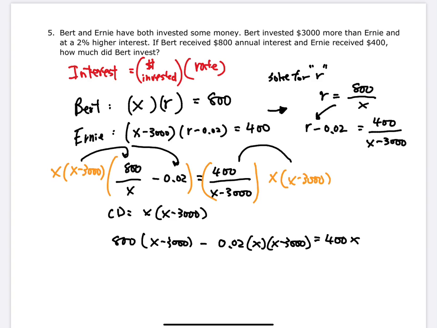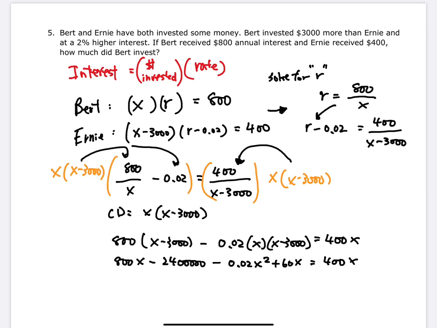We multiply that in. Clean things up a little bit. 800X minus 2,400,000 minus 0.02x squared plus 60x equal 400x.